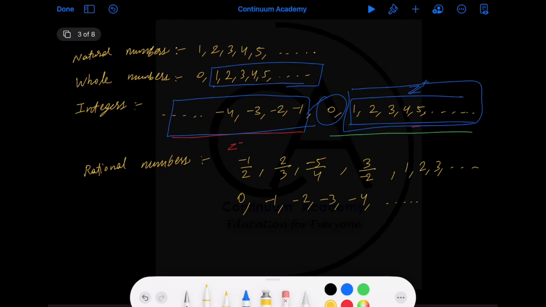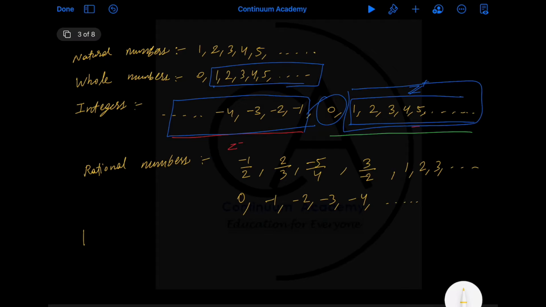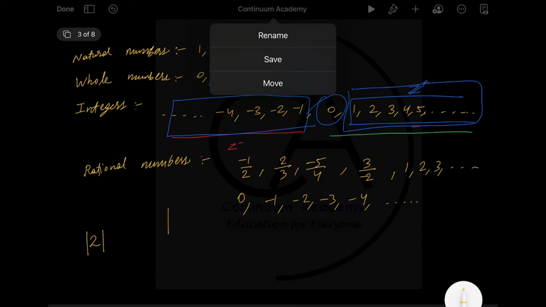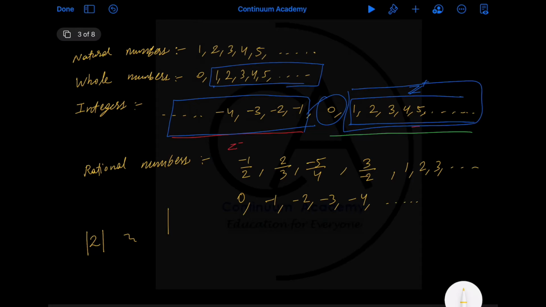Now let's check out the mod. Take the mod of 2. The mod is bounded with two pillars. Here 2 is positive. Any number inside this pillar, whatever number you put, you are going to get a positive number only.